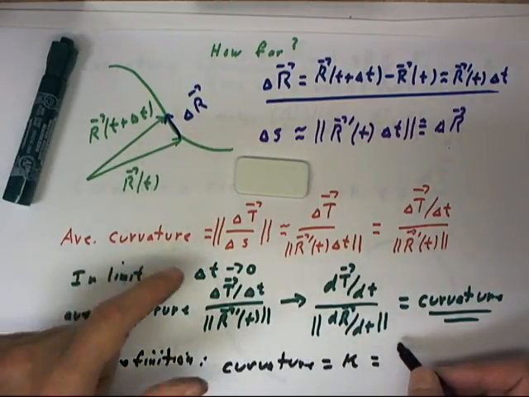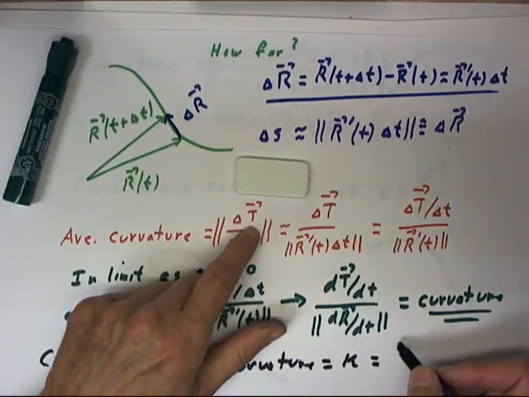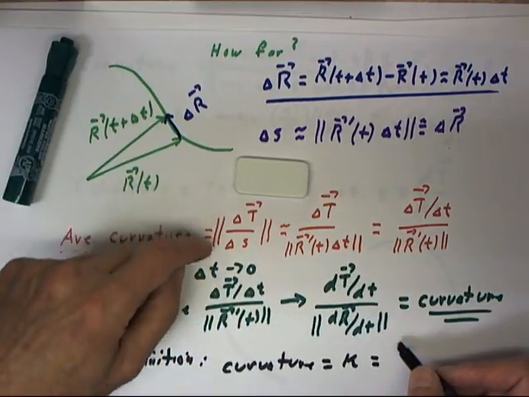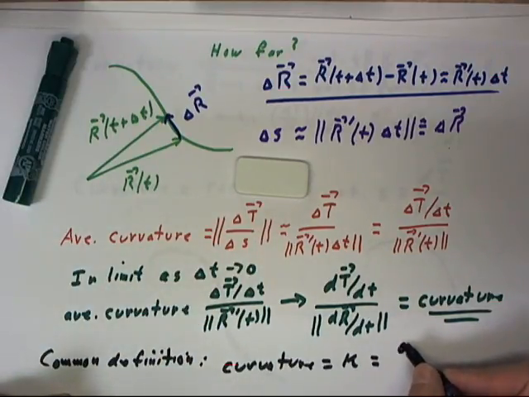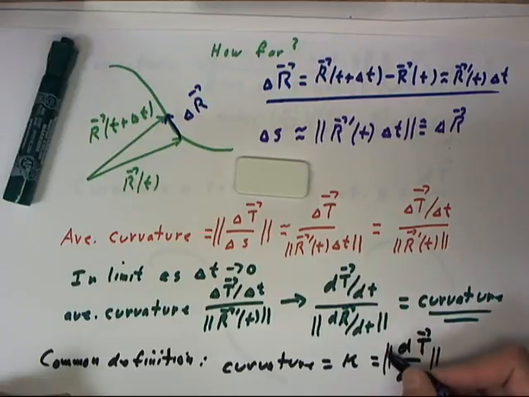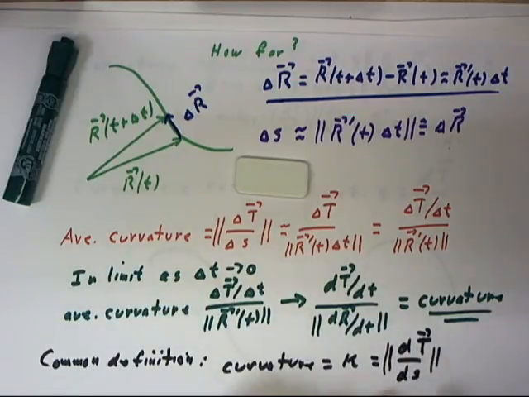As delta t goes to 0, delta T over delta s becomes dT/ds. And curvature is a positive or non-negative quantity, so that the curvature is the magnitude of dT/ds.